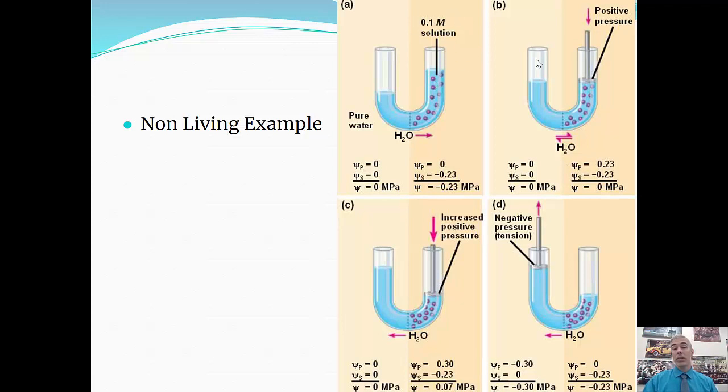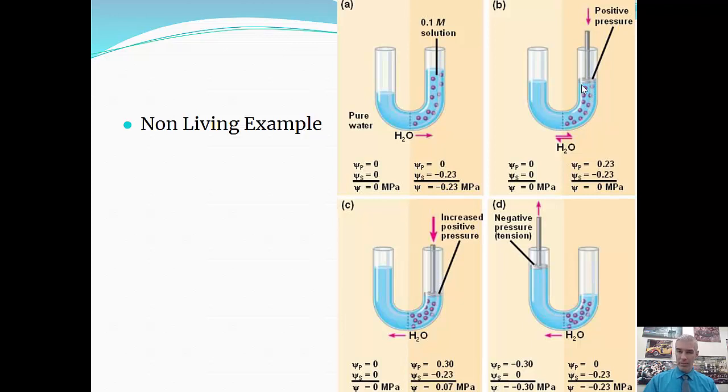Now what you could do is you could then put on this side a positive pressure potential. So notice it's then pushing on this side with 2.23 millipascals, which is, I think, like 1,000 bars of pressure. It's a different unit of pressure, pushing on it, and we can reach equilibrium again.